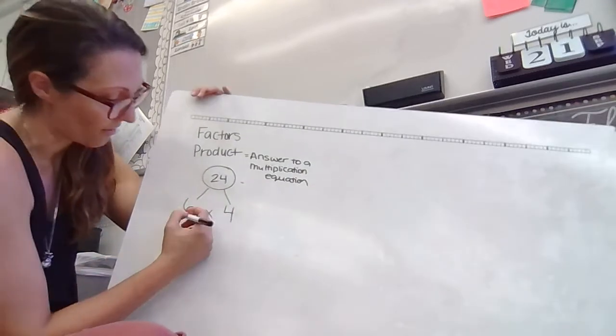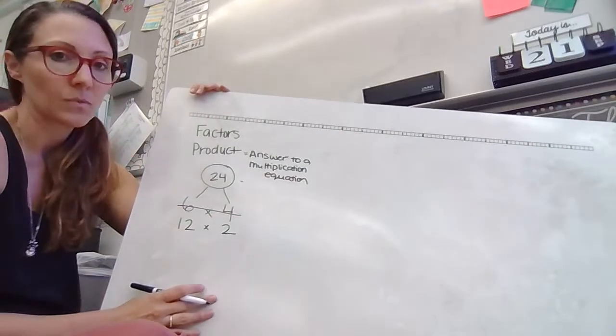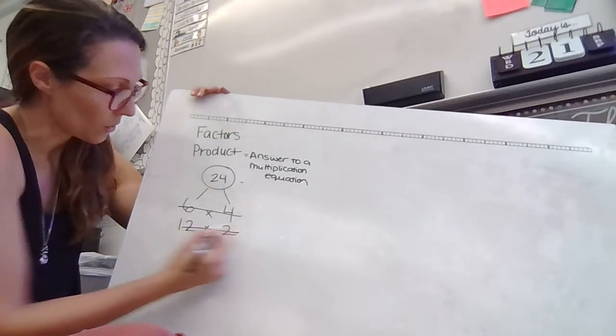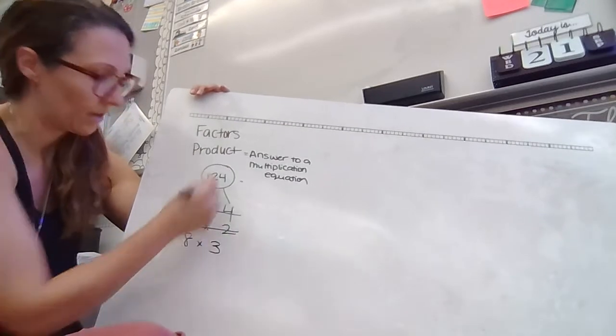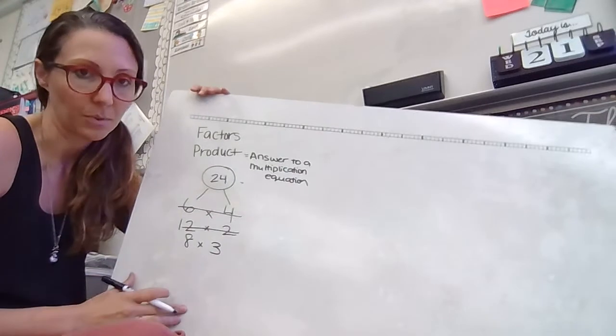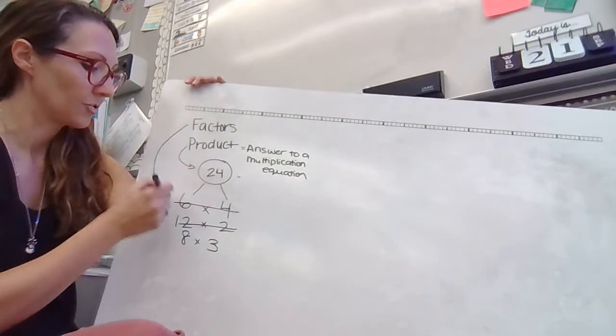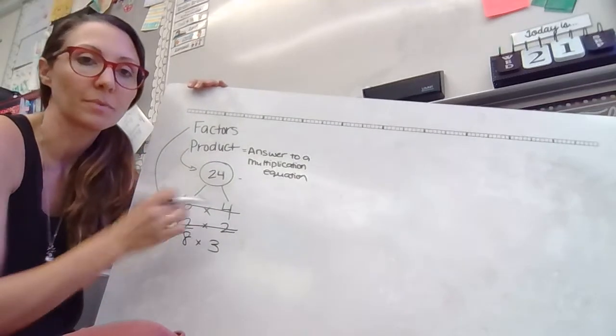I could also have maybe 12 times 2 instead. 12 times 2 is 24. Or maybe I could have 8 times 3 is 24. So there are a lot of different factor pairs that we can have when we're solving. So the product is the answer, and the factors are the pairs that you can multiply together to get that product.